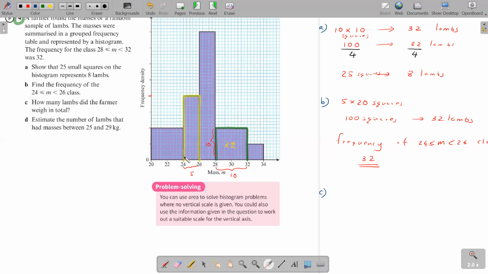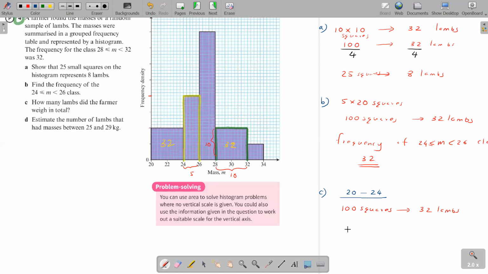So from 20 to 24, in the group 20 to 24, what's the area? How many small squares are there? 10 by 10. So that's again 100 squares. 100 small squares means there are how many lambs? There are 32 lambs. Guys, do you agree? So this bar has 32.